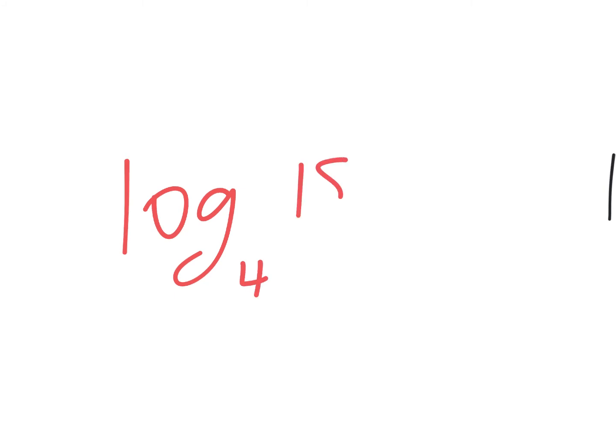If I asked you to change log base 4 of 18 into a different base, and I wanted it to be base 6, do it. Log base 4 of 18 written in base 6.